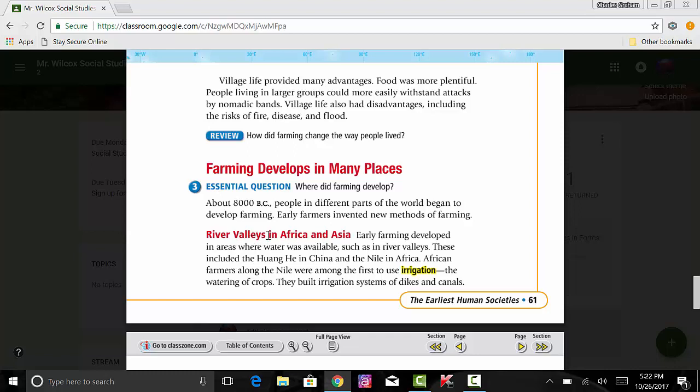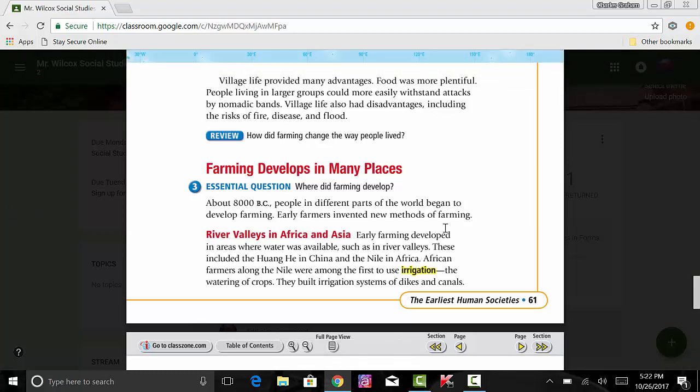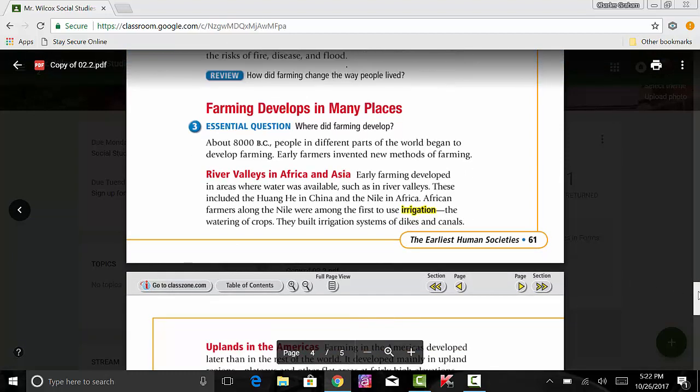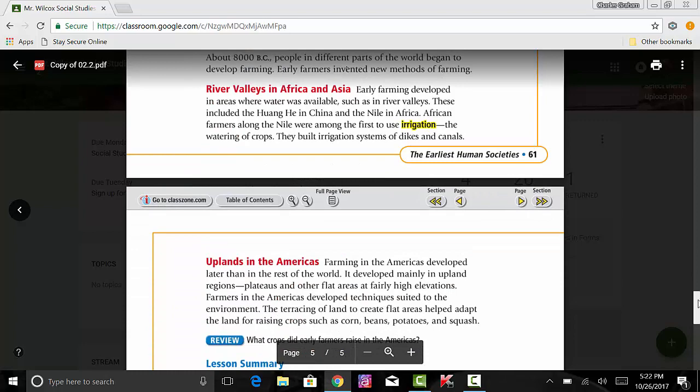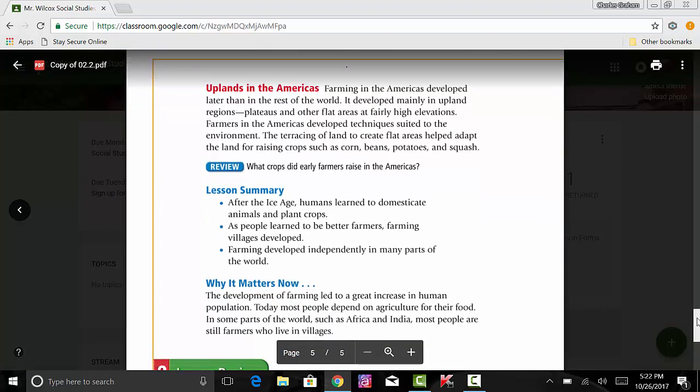And I know that soil gets deposited into those valleys, really fertile soil, and it makes for really good growing of crops. So for river valleys in Africa and Asia, I'm probably thinking that this part is going to be about how these river valleys were the first places that people started to actually grow their own food. Uplands. I have to read a little bit more about that.